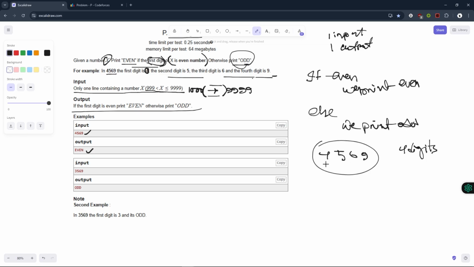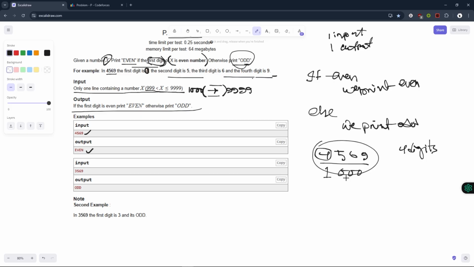Now, to get the first digit of any number, we have to divide that number by 1 followed by as many zeros as there are digits after the first digit. So imagine for this number 4569, there's 4 digits, for which we will use 1, and there's 3 digits after that, so we'll use 000.